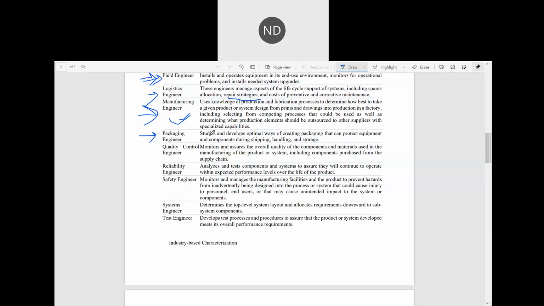In that case, the packaging engineer is going to develop different ways, or use whichever ways are already there, and create those packagings for the equipment and components, to protect your machines during shipping or handling, and also in the storage of your goods or materials for your construction, whatever materials you're bringing, right?